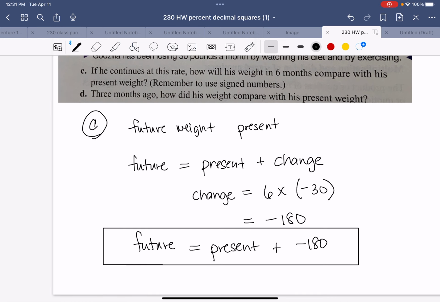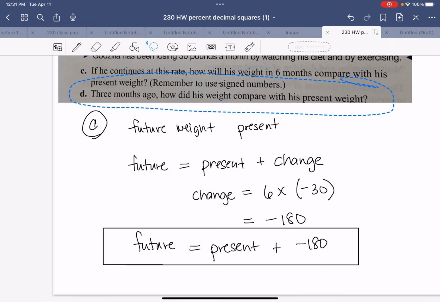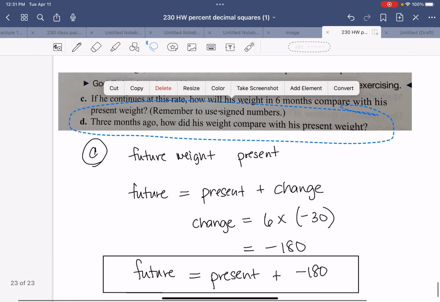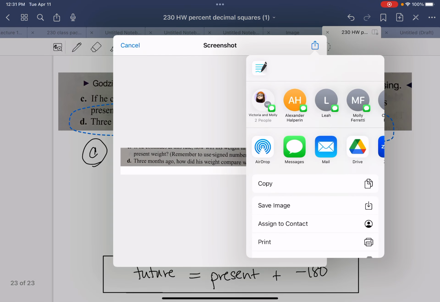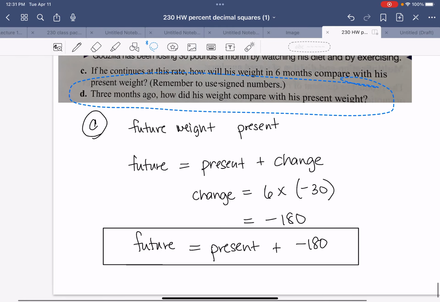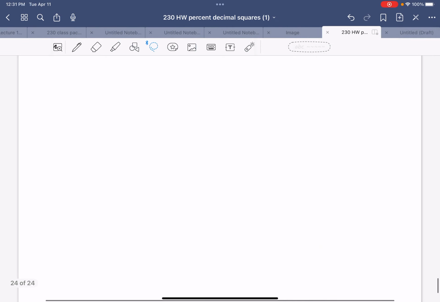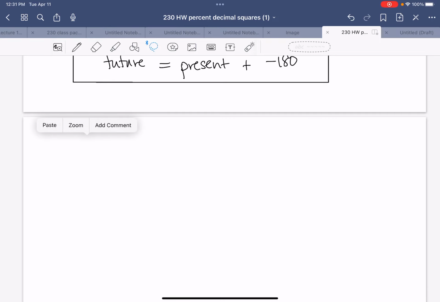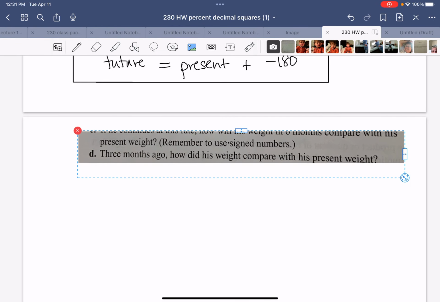Okay. And then 3 months ago, how did his weight compare with his present rate? So part D. Sorry, be patient with me while I rearrange.